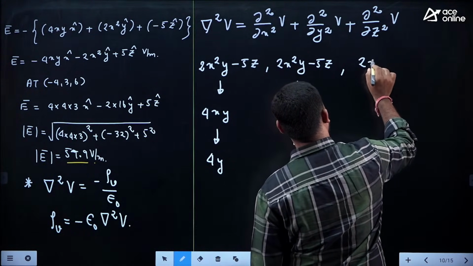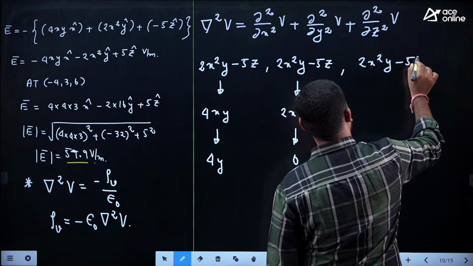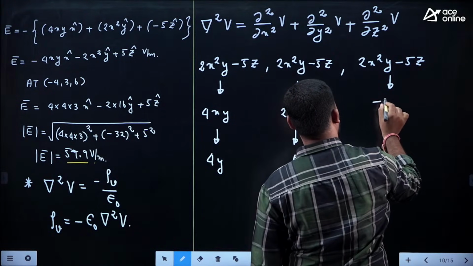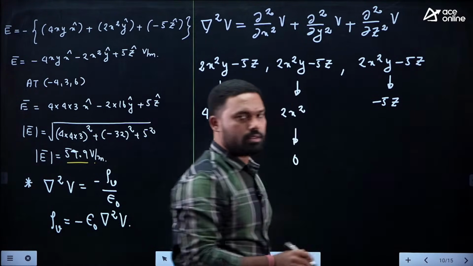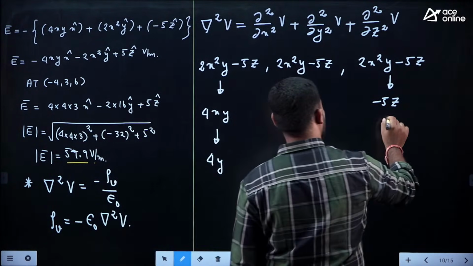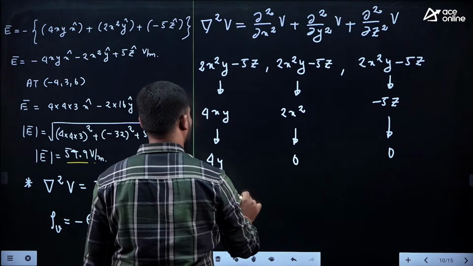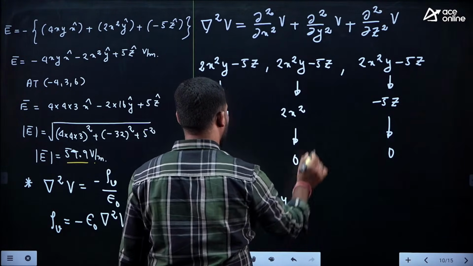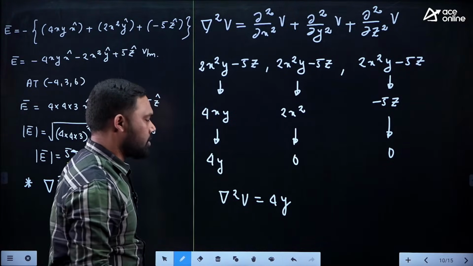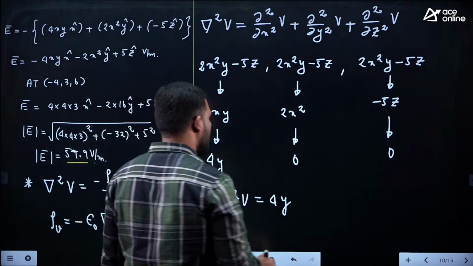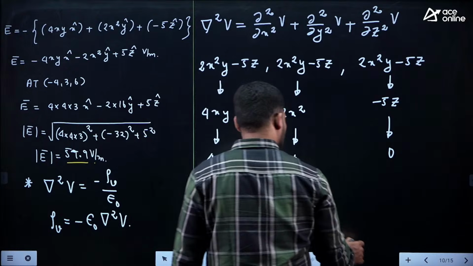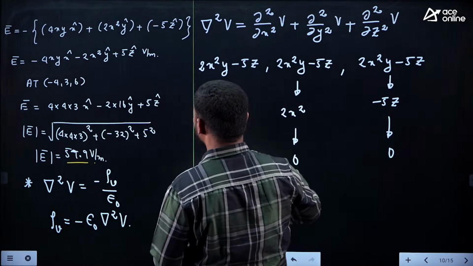With respect to z, first differentiation is minus 5; one more time is 0. So here del square V is equal to, not minus, it is plus 4y. Okay, let me turn the page, or let us finish here itself.